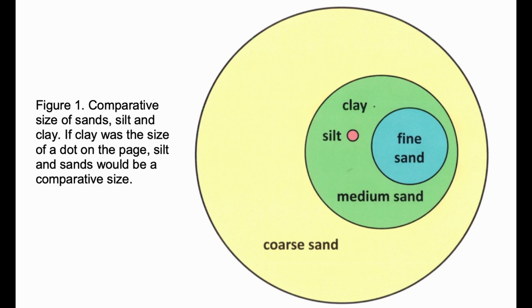And in fact, sand has different sizes within its own right. You can see here a large, medium and a finer sand particle. Even the finest sand particle is substantially bigger than the silt particle.